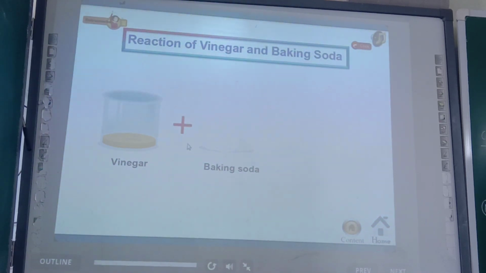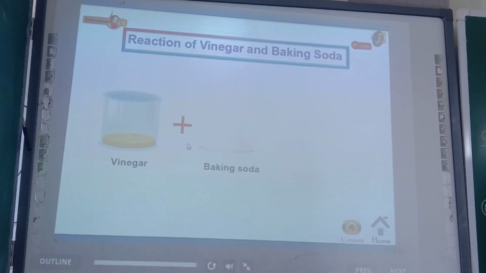So the blue color is copper sulfate, the light green color is iron sulfate, and that copper which was displaced gets deposited over the iron nail in a reddish brown color. The reddish brown substance deposited over the iron nail is called copper. Okay, in that reaction. Now see another reaction, that is the reaction of vinegar and baking soda.